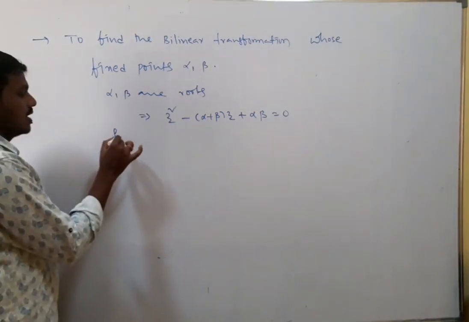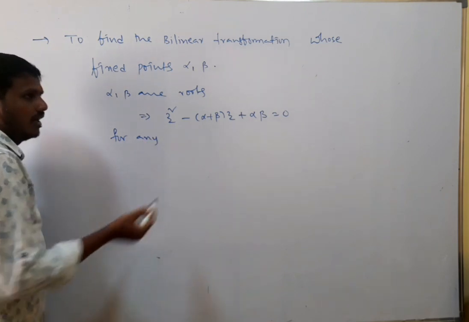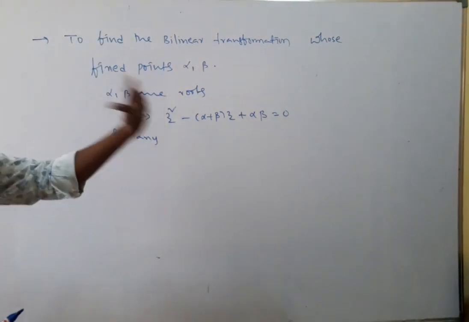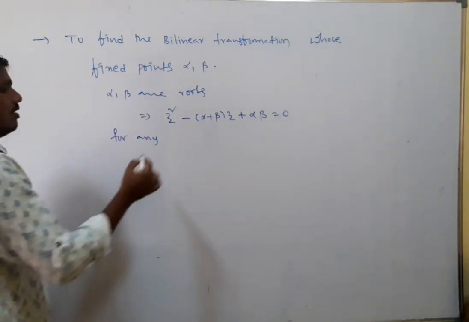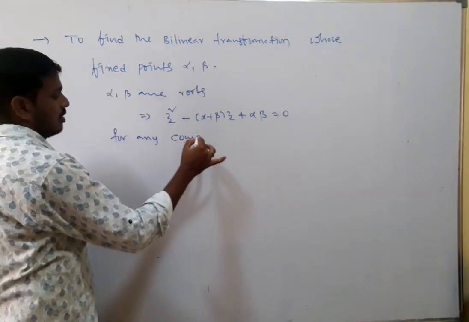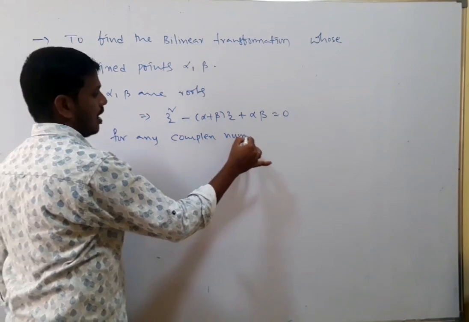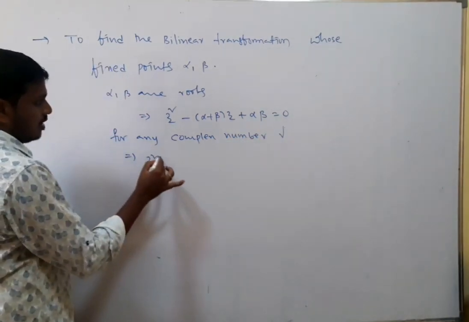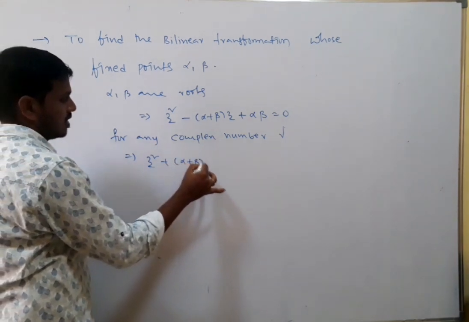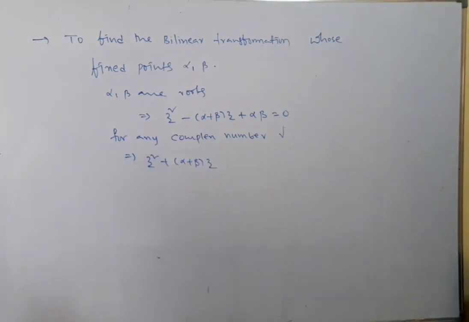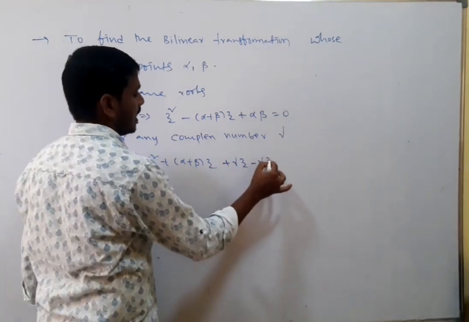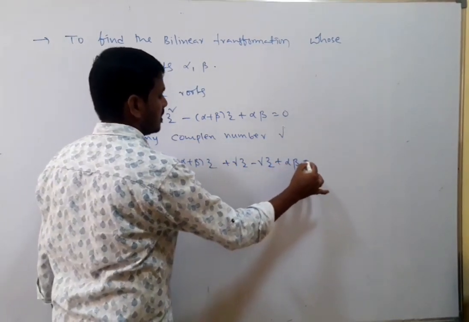We need to find the bilinear transformation corresponding to some gamma, whatever it may be. For any complex number γ, I am going to take z² − (α + β)z + γz − γz + αβ = 0.